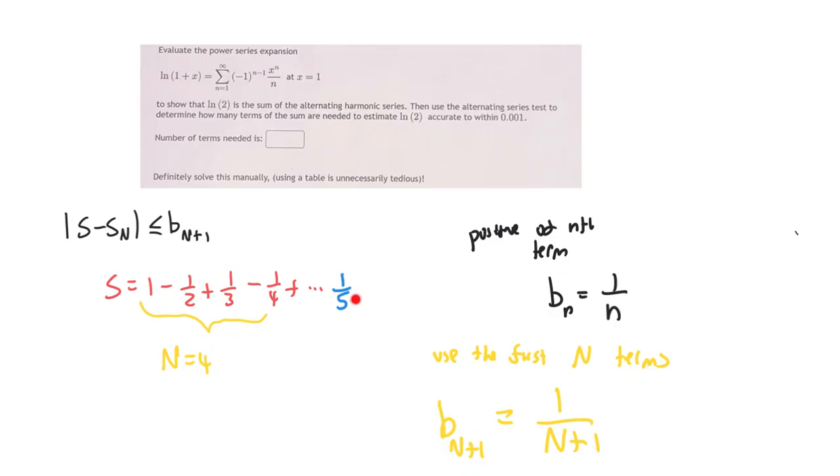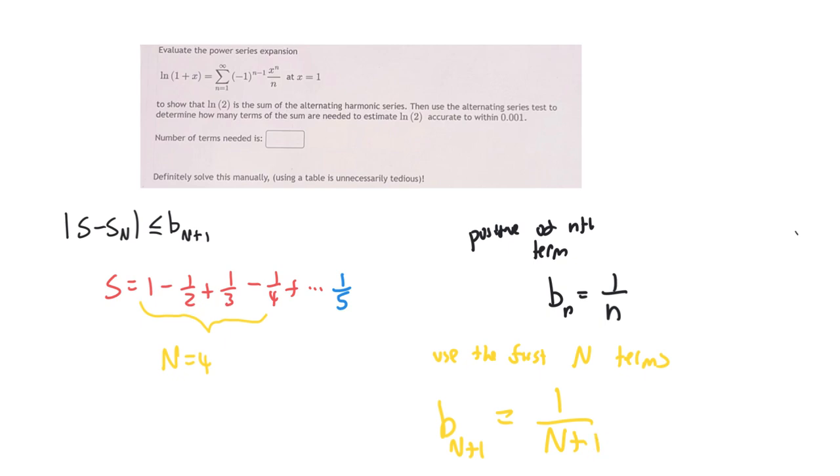Isn't that true of 1/5? If we have a capital N of 4, then the next omitted term, b sub capital N plus 1, is 1 over 4 plus 1. That's what's happening with these denominators: with every term, the denominator increases by 1.